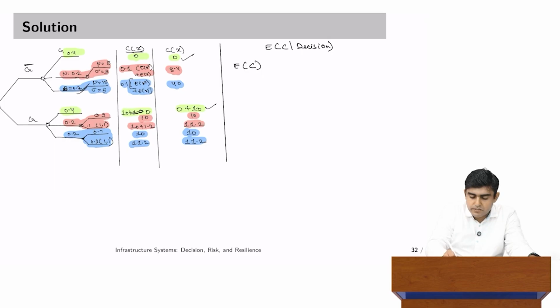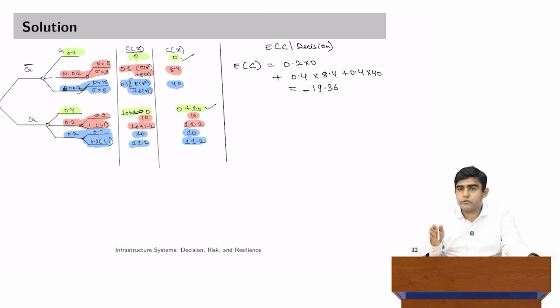So, expected cost given that I do not launch a crash program is 0.2 multiplied by 0 plus 0.4 into 8.4 plus 0.4 into 40, and this number comes out to be 19.36 with a negative sign. This is a cost, so negative sign is important. So, this is the expected cost given no crash program is launched.